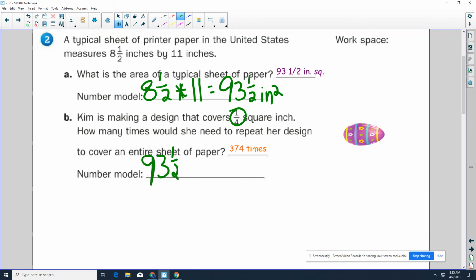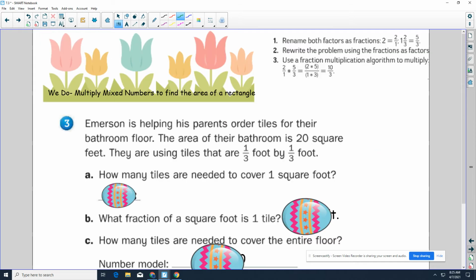So we do 93.5 divided by the 1/4, because each inch is split into 4. So we just say 93.5 divided by 1/4.